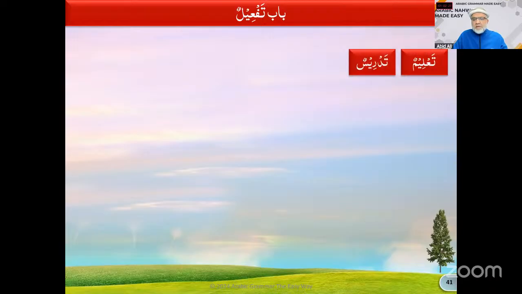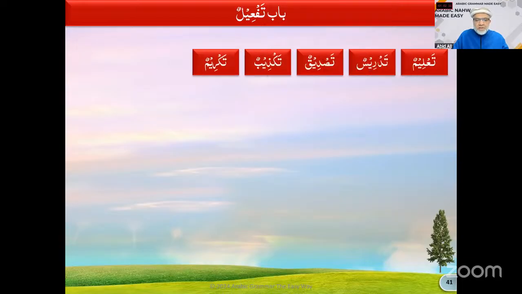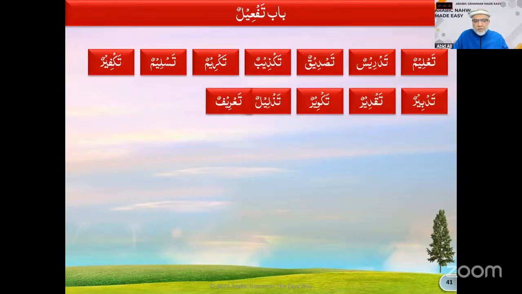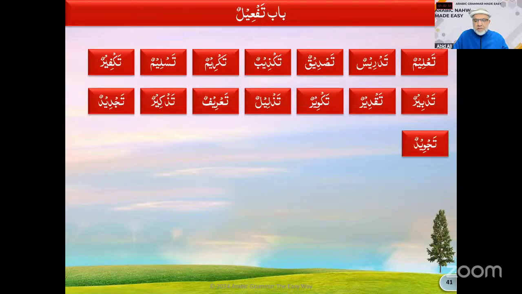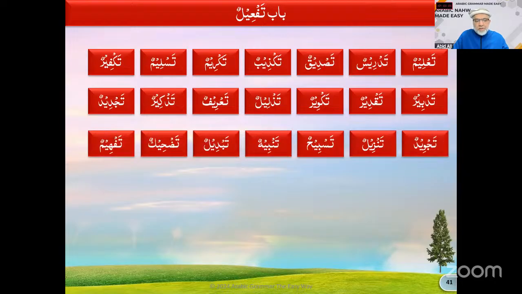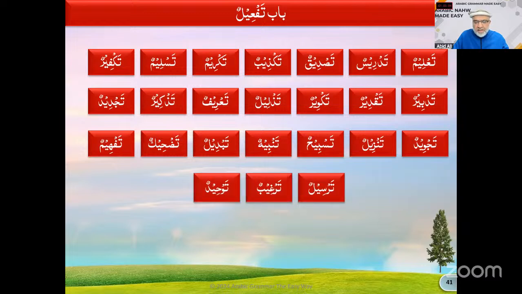So this Ta'limun, Tadrisun, Tasdeequn, Takzeebun, Takreemun, Tasleemun, Takfirun, Tadbirun, Takdirun, Takwirun, Tazlilun, Ta'rifun, Tazkirun, Tajdidun, Tajweedun, Tanzilun, Tasbihun, Tanbihun, Tabdilun, Tazhikun, Tafhimun, Tarsilun, then Targhibun, and Tawheedun.